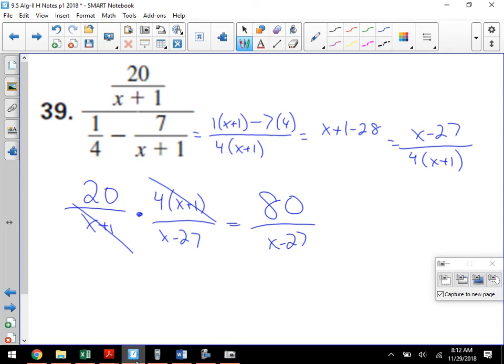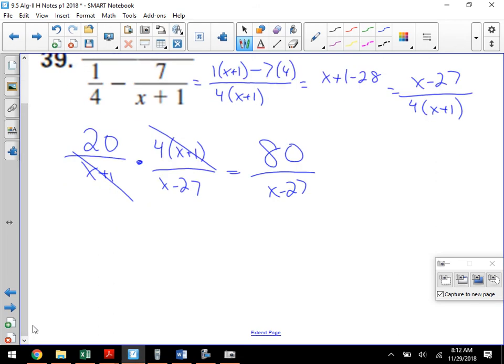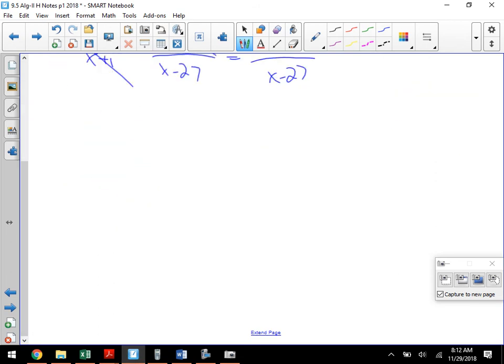When you have a graph, what happens when something doesn't exist? You know what it looks like on a graph? It's like a big gap. No. Think of this. If you have 1 over x plus 1, what can't x be? -1.